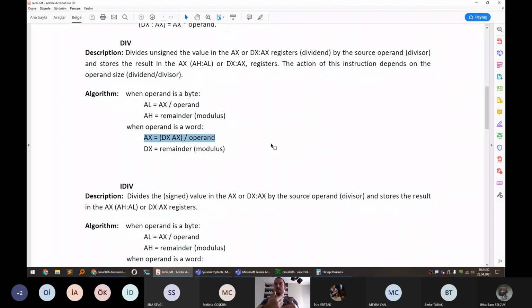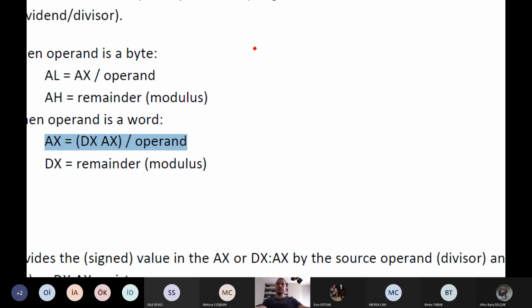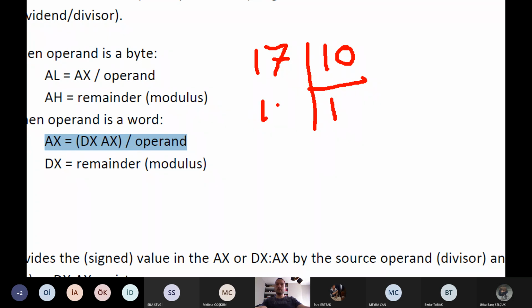Remember, in division, we have a remainder. For example, when you divide 17 by 10, the result will be 1, the remainder will be 7. Let me write it in here. 17 divided by 10. The result will be 1. The remainder will be 7.